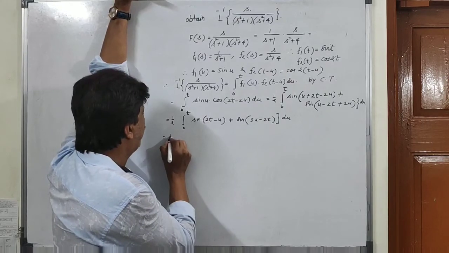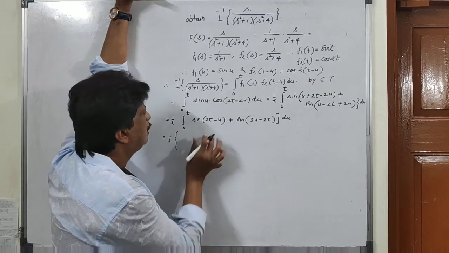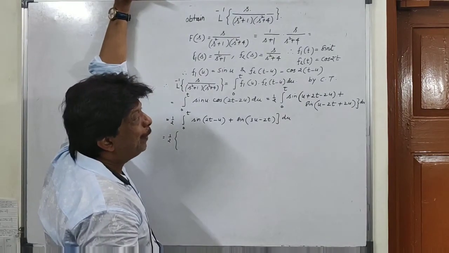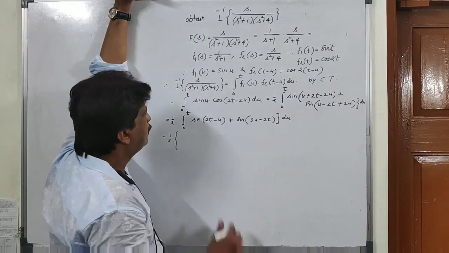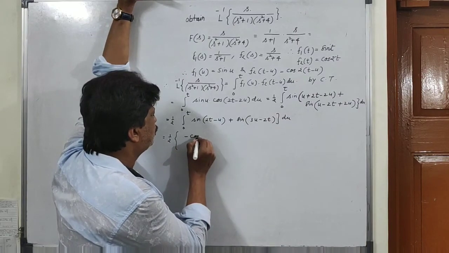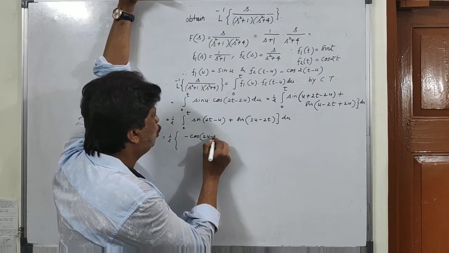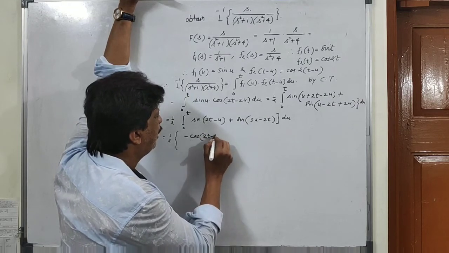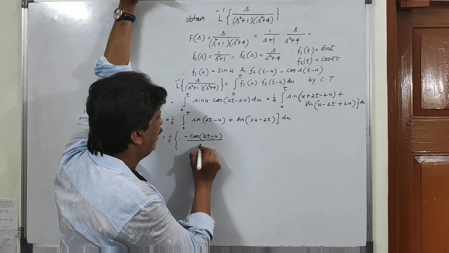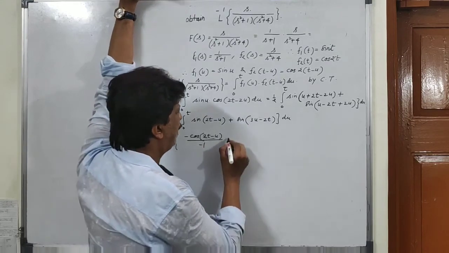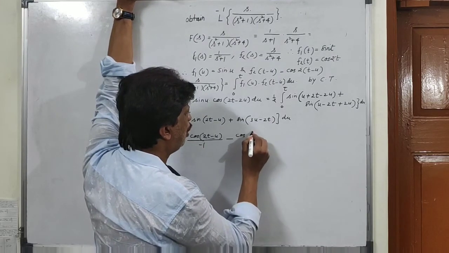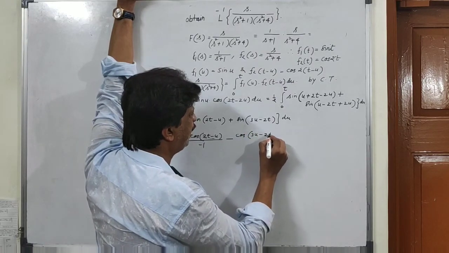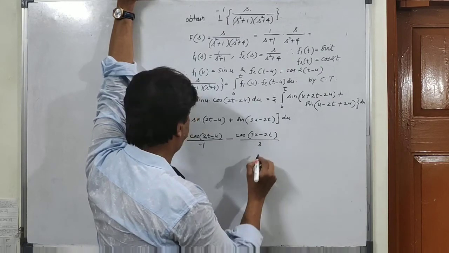This is further equal to 1 by 2 times. Now I will integrate this. Sine of 2t minus u with respect to u is equal to minus cos of 2t minus u divided by minus 1, minus cos of 3u minus 2t upon 3.